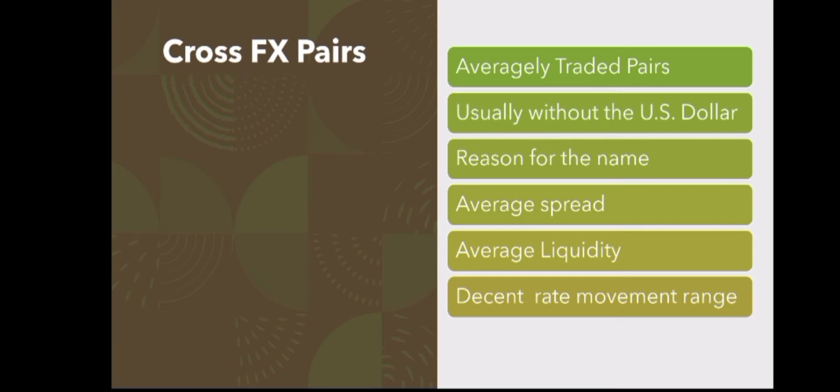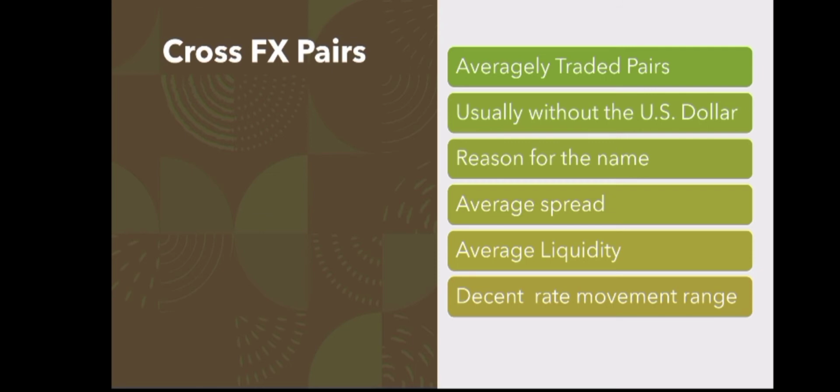Now these pairs don't usually have the US dollar in them. They are averagely traded pairs, right? So they are less traded as compared to the major pairs, but are more traded as compared to the next set of pairs, which you will be finding out shortly.